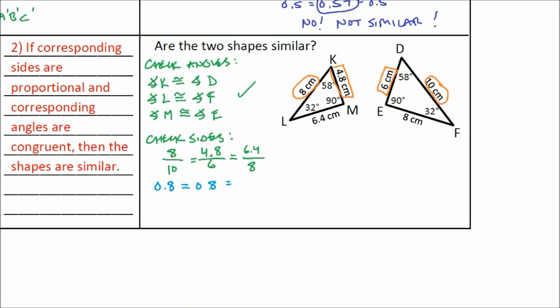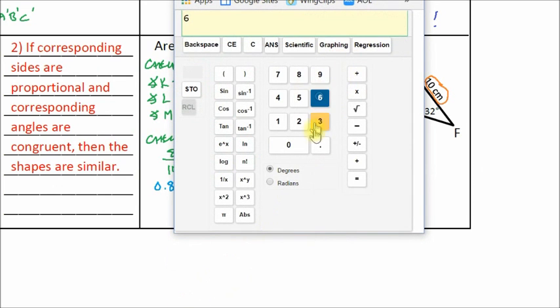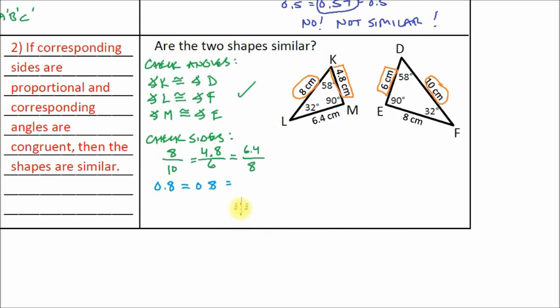And then 6.4 divided by 8 equals perfect, 0.8. So we checked corresponding sides and they are proportional. They have the same scale factor or the same ratio. So now I've got my two things. Corresponding angles show congruence. Corresponding sides show the same scale factor or proportionality. And that means I can say, yes, they are similar.